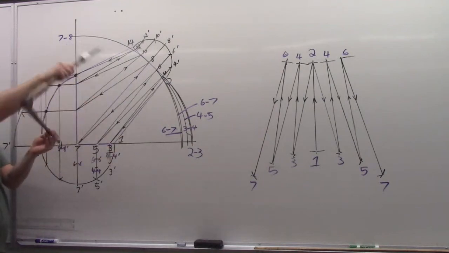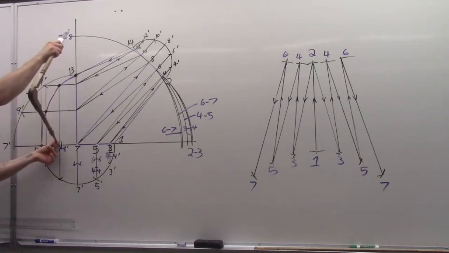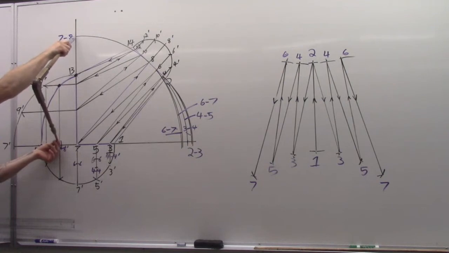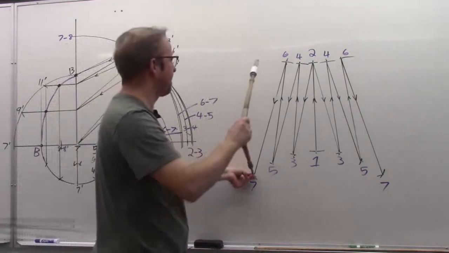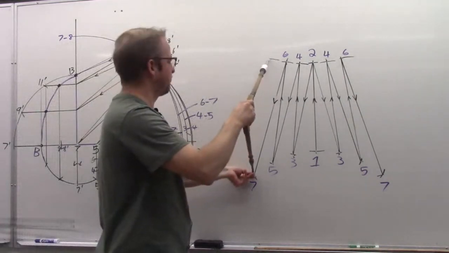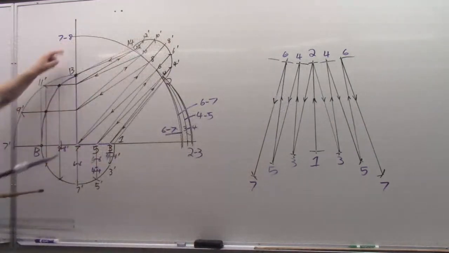I'm going up now. I've swung my line up. I've brought my difference in profile over from the left-hand side of my sector. Now I'm going 8 to 8 prime up to 7-8. That is my true length at that point. So that's 7, 8.